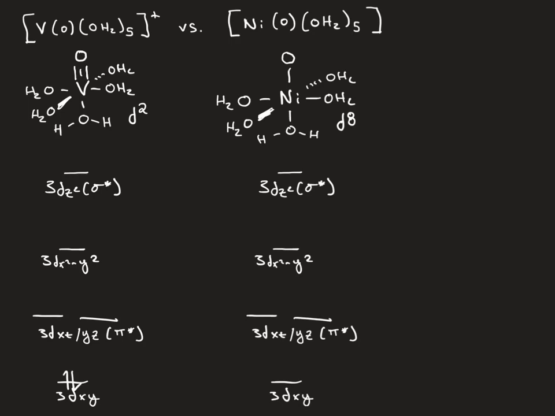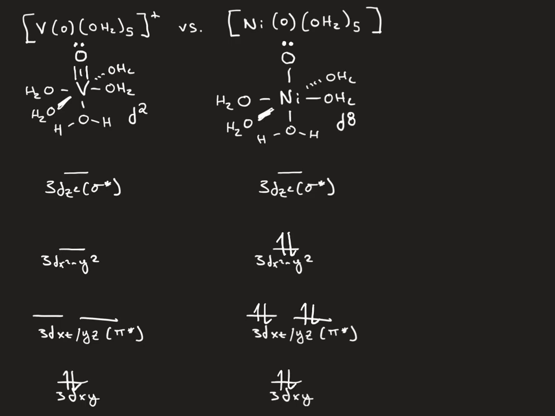And just to complete the Lewis structure about the oxo, I'm going to place 2 electrons there for the oxygen 2s lone pair. For the D8, we still have those 2 electrons, but now we have this type of configuration.